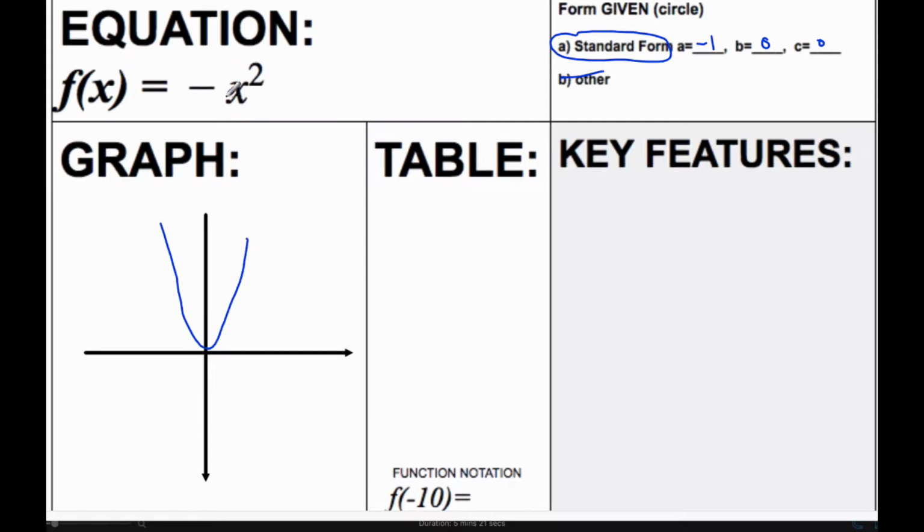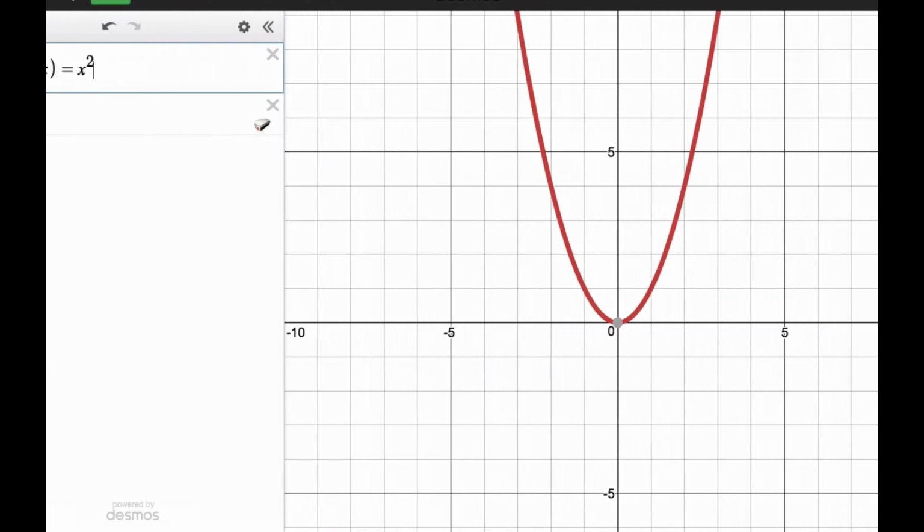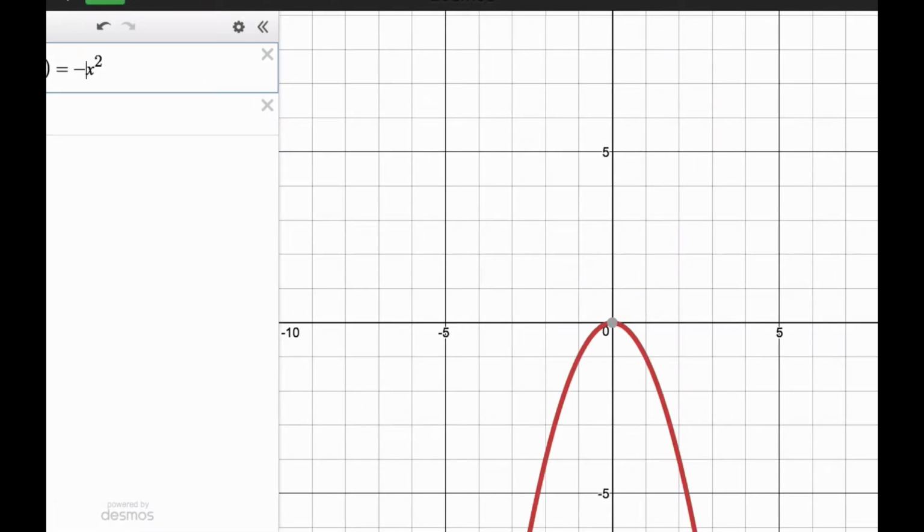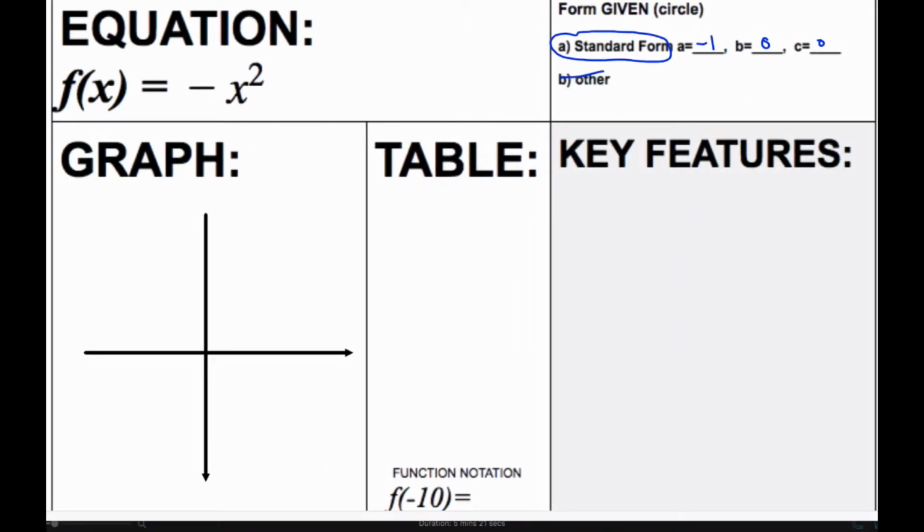The negative means it opens downward. So it's not this one, but it's going to open downwards, and I'll show you why in just a second. Here is negative, so it opens downwards. You can see on Desmos there. And so my graph is going to be like this and like this.